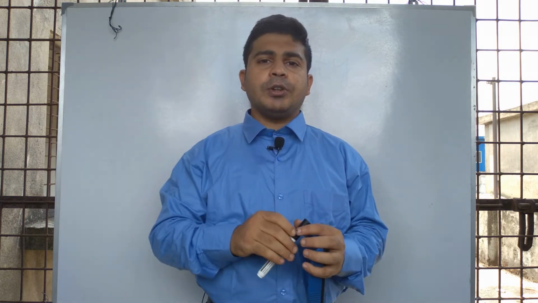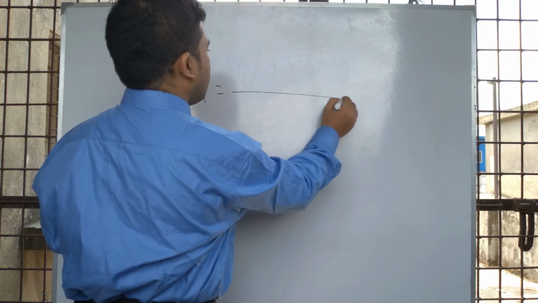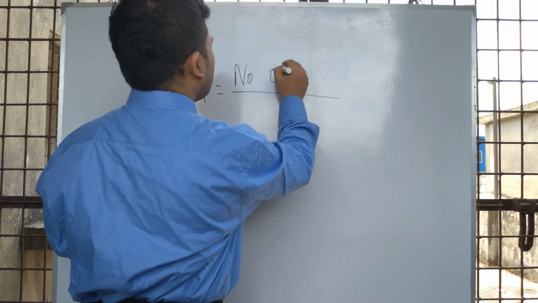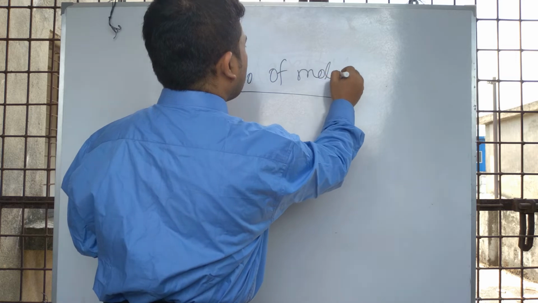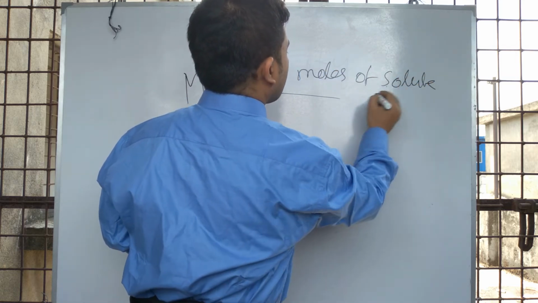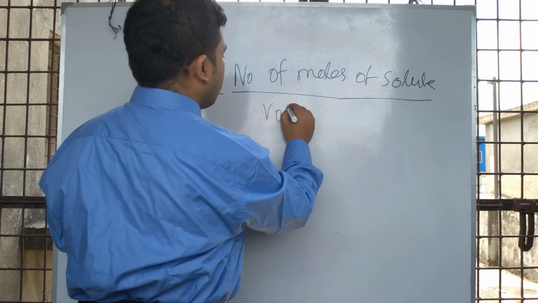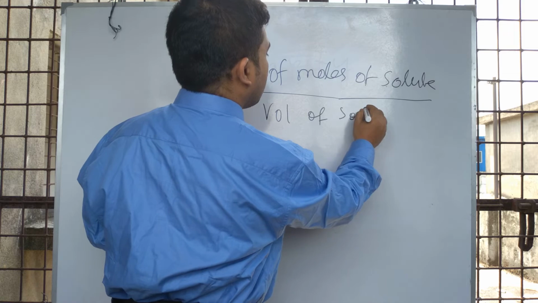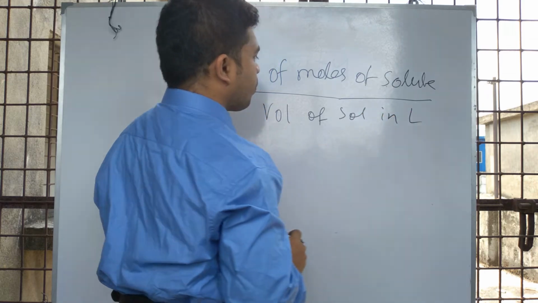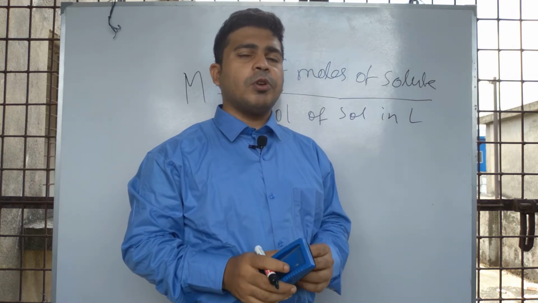Mathematically, we express this as the number of moles of solute divided by the volume of solution in liter. So this is the definition of molarity.